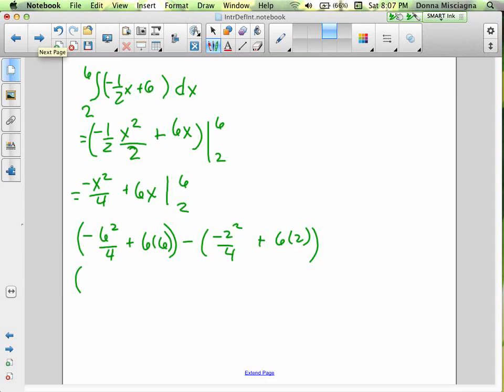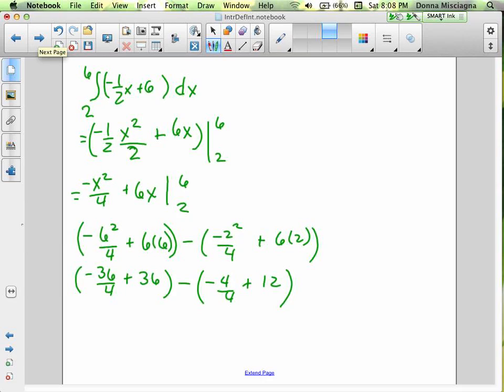Crazy. All right, so this would be negative 36 fourths plus 36 minus, all right, so this would be negative 4 over 4 plus 12. Then let's simplify in the parentheses, and then we can subtract the second from the first.